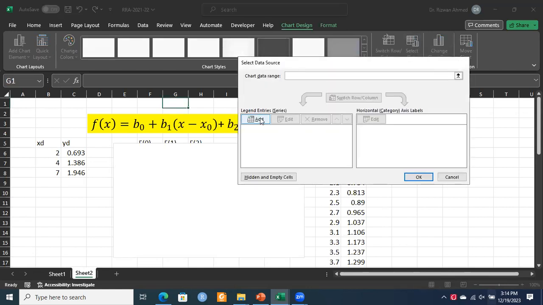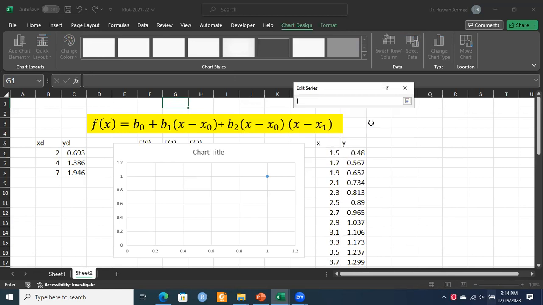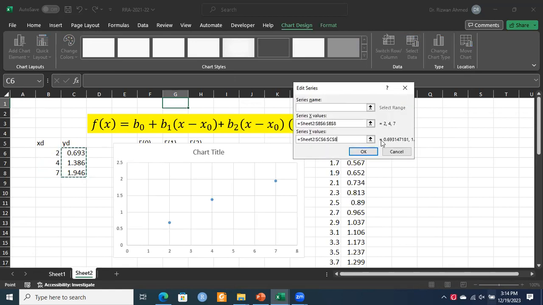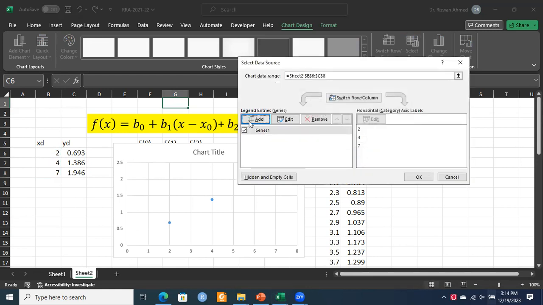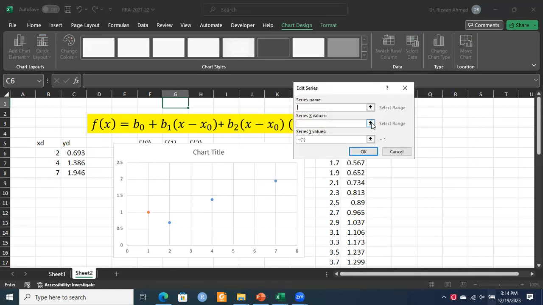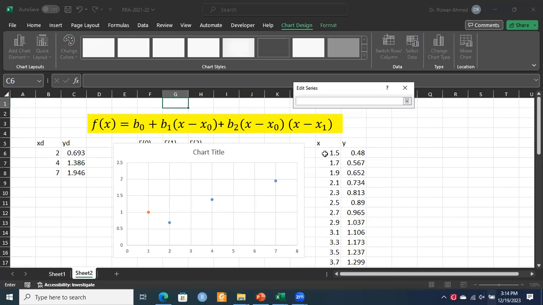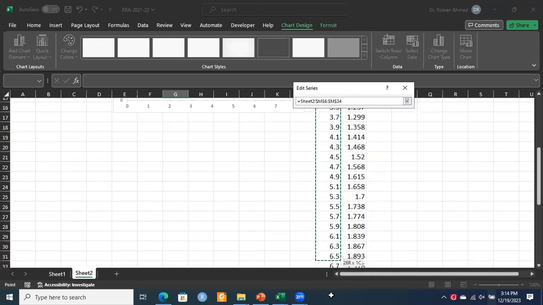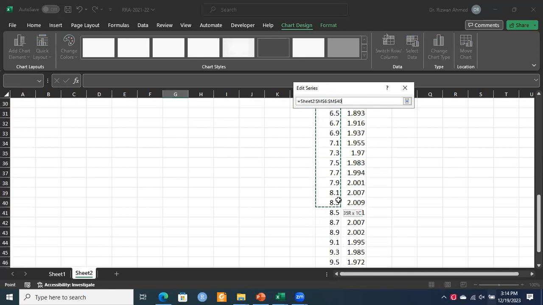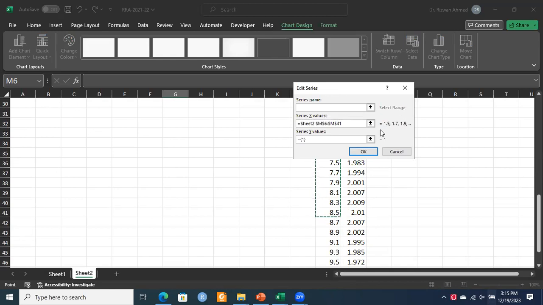Select data, add a series, x values, and then y values. So we have got 3 points. Then add a new series. And for this x values, let's plot up to 8.5.